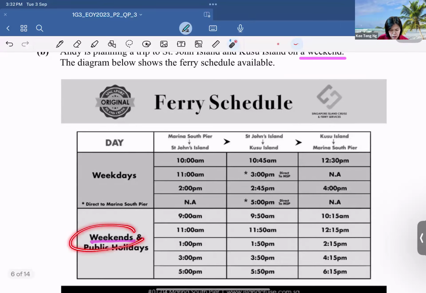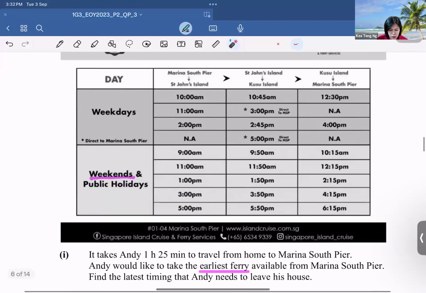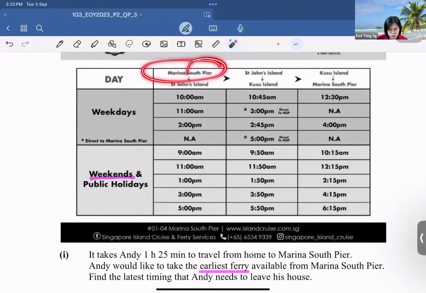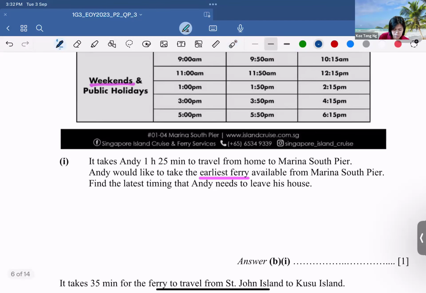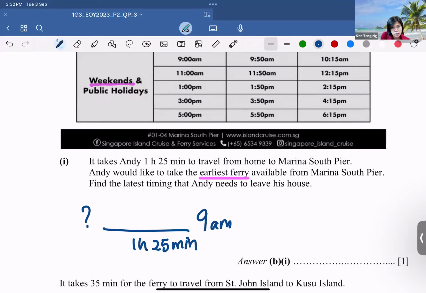The earliest ferry from Marina South Pier is at 9 a.m. So I need to travel before that. I don't know how you draw your timeline. Do you all know that you can use your calculator to help you? Yeah, let me show a video.